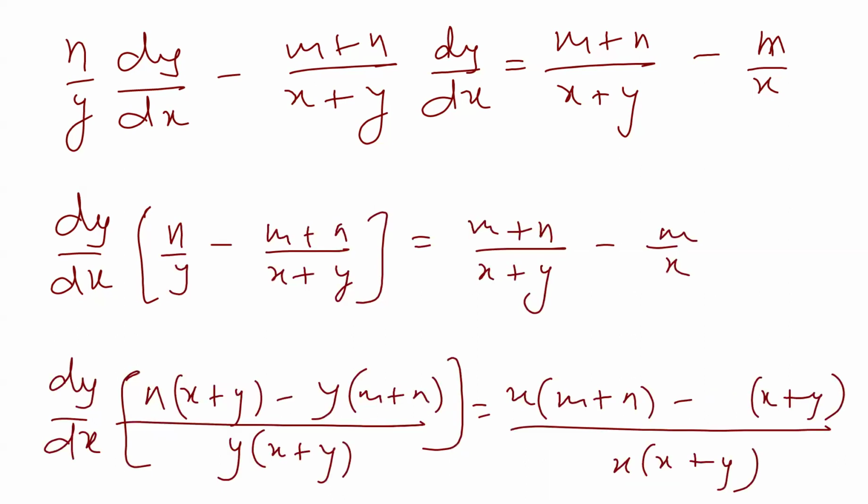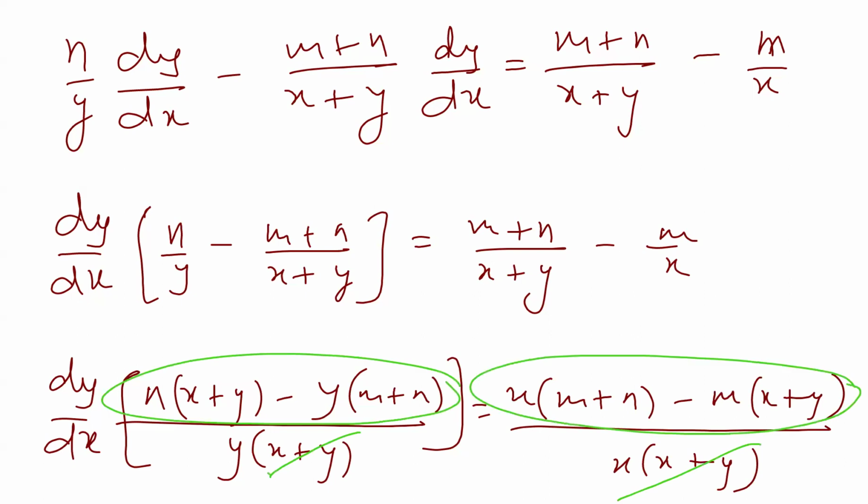Okay, right? So cancel x plus y on both the sides because there is multiplication between the terms. Okay, in these terms, I'll just open the bracket in the next step and let us observe what is happening after that. Take your time to copy. If any doubts, please ask.